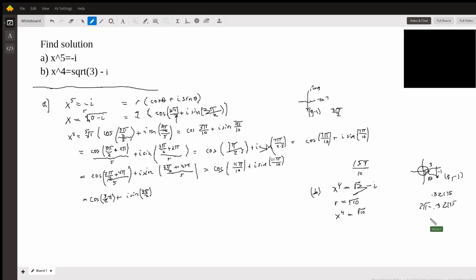My calculator gives me 5.9614 as the angle. So writing this, sticking with this for a minute, square root of 3 minus I can be written as, oh, it's not, it's a square root of 3. I'm sorry.